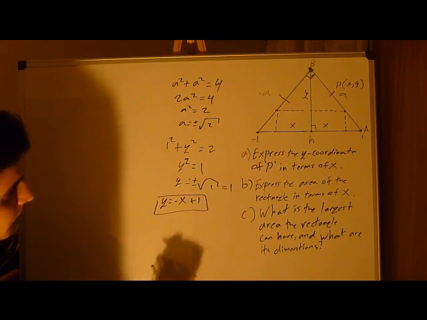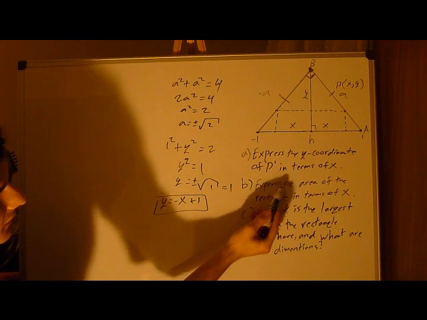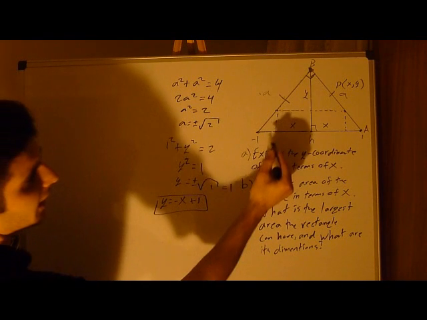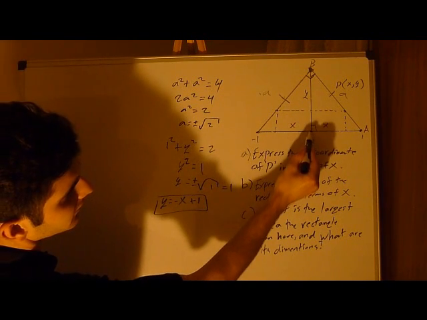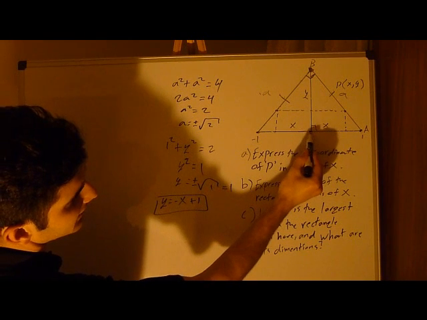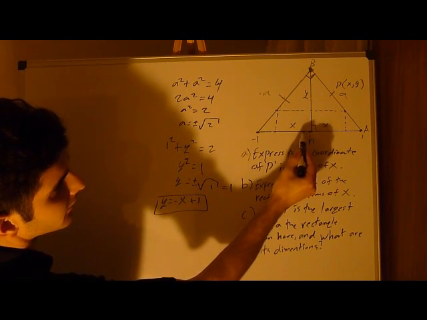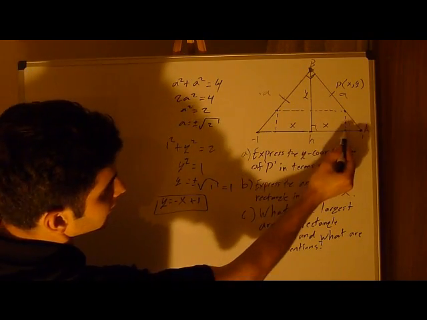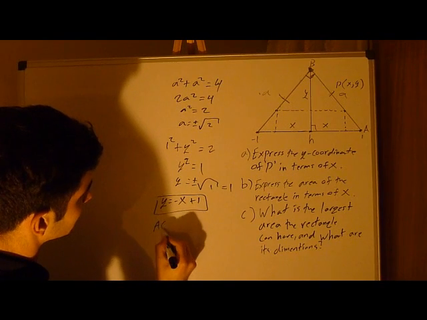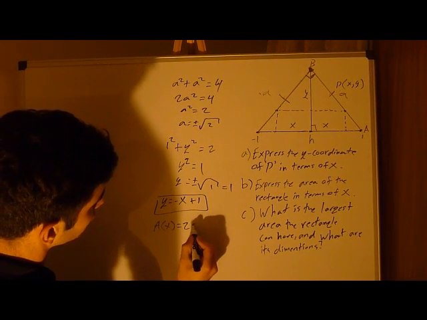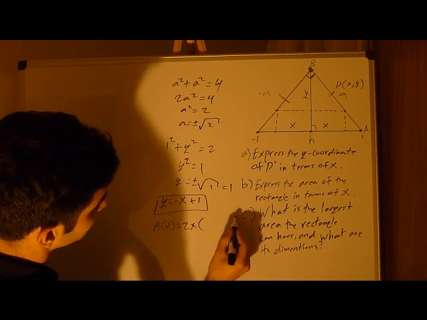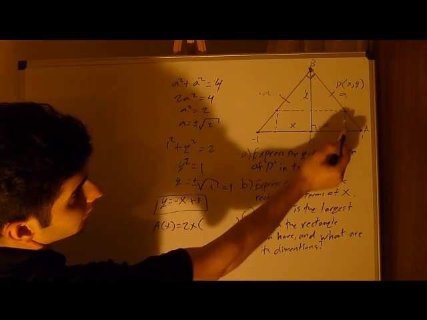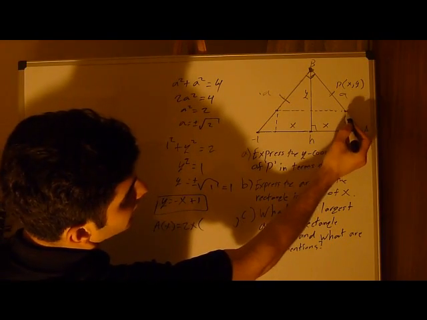We solved A. For B, it says express the area of the rectangle in terms of x. Well, if the distance from here to here is x, and here to here is x, then the whole width of the rectangle is 2x. So area in terms of x is equal to 2x times the height of the rectangle, which is whatever this point is.